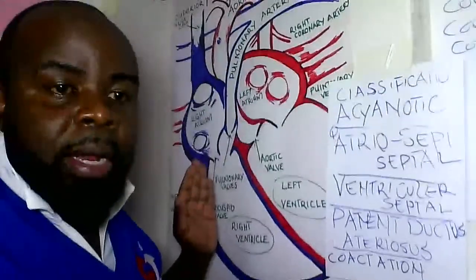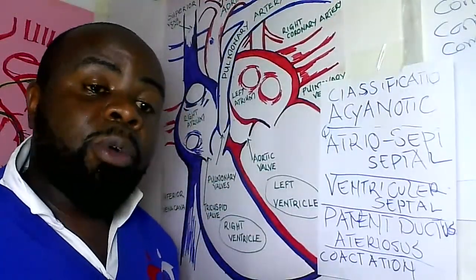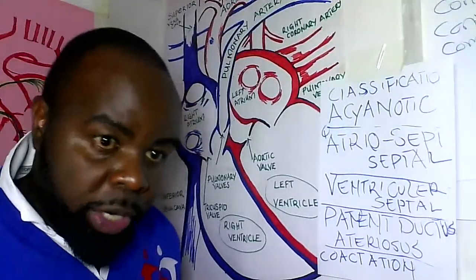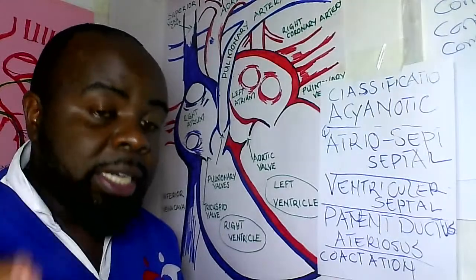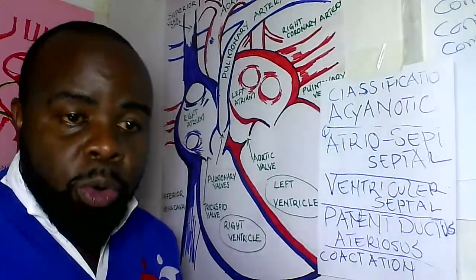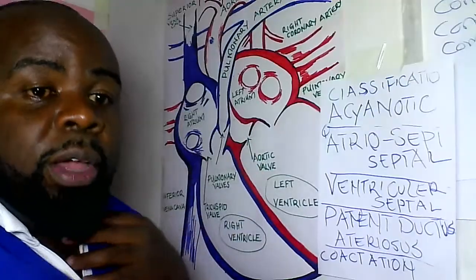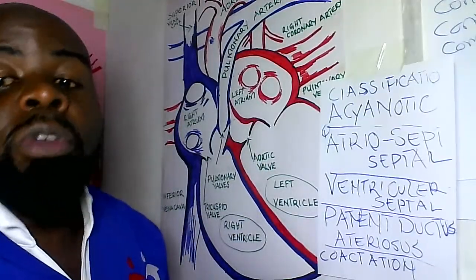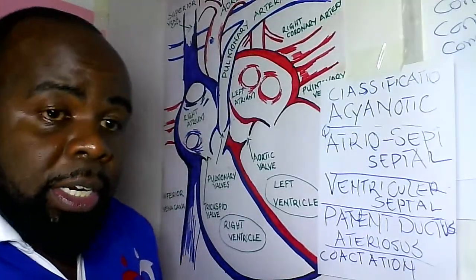What will happen is the amount of red blood cells that have enough oxygen will be low. If the amount of red blood cells that are going to the system is low, this person will always be dizzy with no energy. You get it?